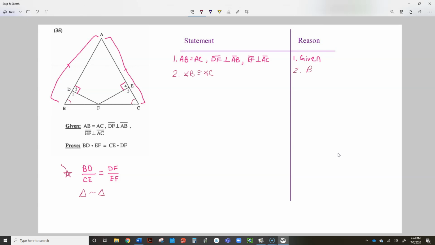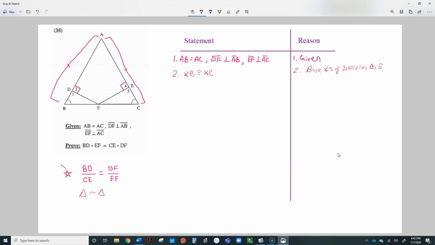Or I'm just going to say what the theorem says: base angles of isosceles triangles are congruent. That's probably a theorem. It's called the base angle theorem, I think. So that's a pair of angles.